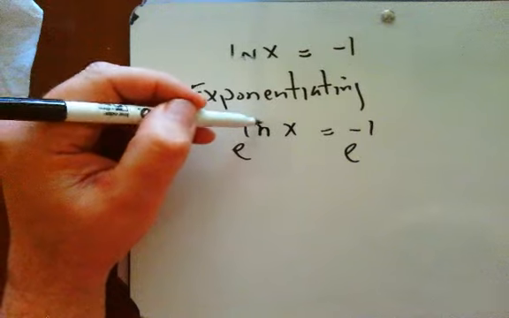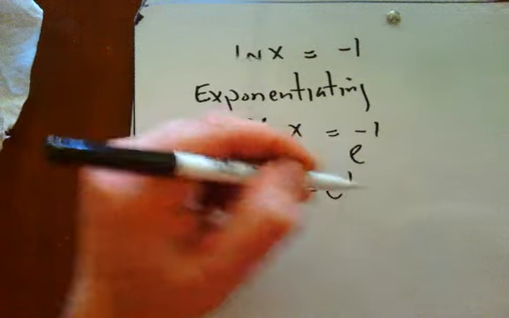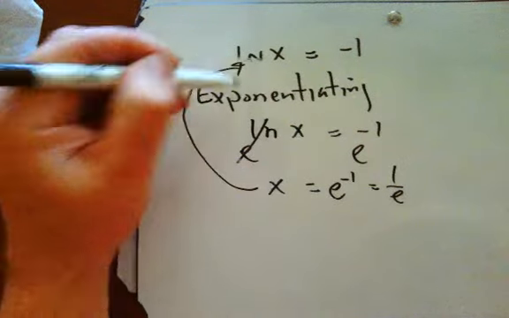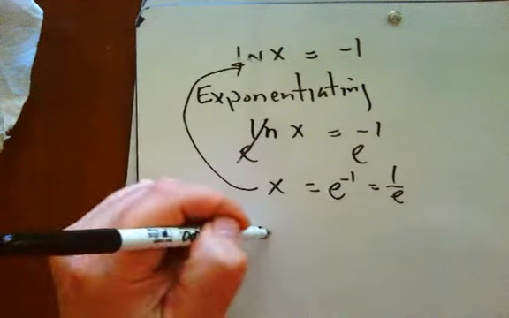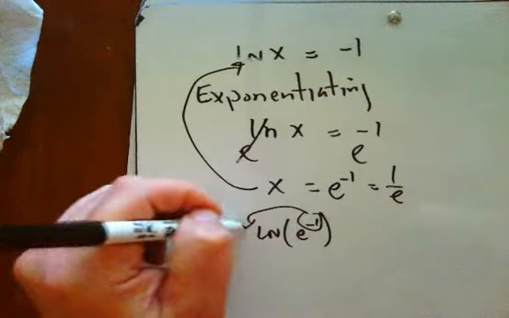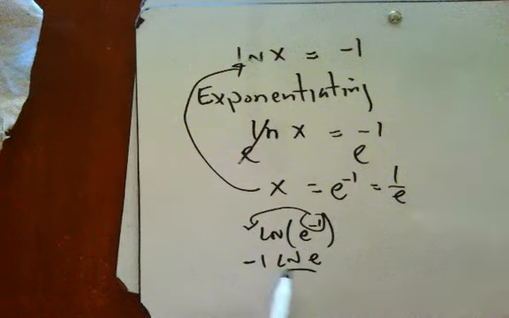Exponentiating. So I want to use the log base. In this case, this is log base e, so I'm going to use e as the base on both sides. Over here, e to the ln cancels, leaving me with x. I get e to the -1, or 1 over e.